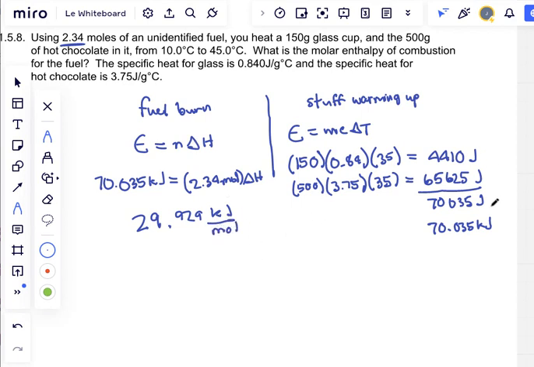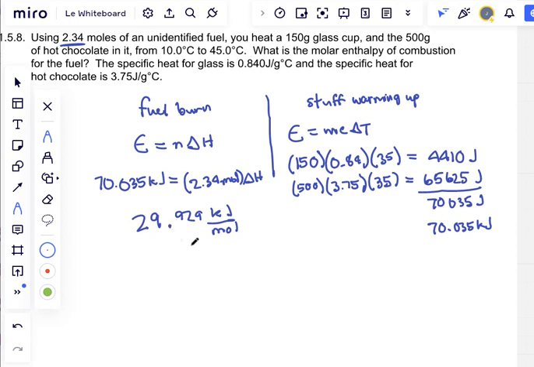Even though I started the question in joules, I kind of quietly switched over to kilojoules here just because delta H's for chemical reactions are almost always given in kilojoules per mole. A joule is just such a small amount that it gives you awkwardly big numbers. So if you found 29,929 joules per mole, great, you're also correct.